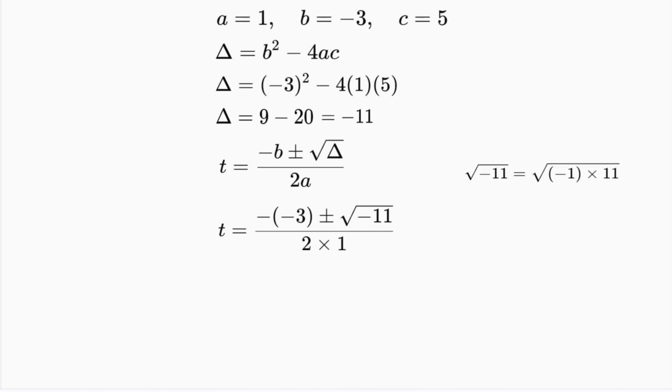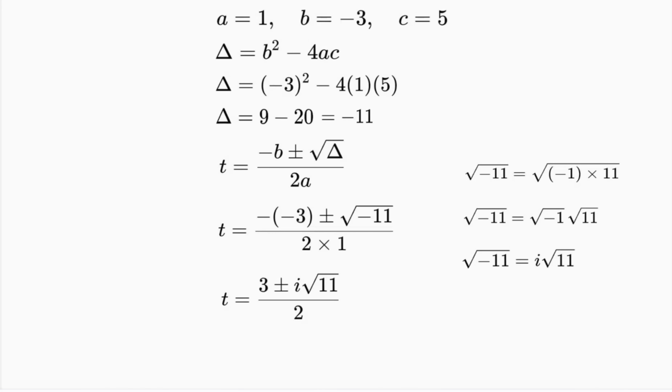This can be written as square root of minus 1 into 11, and if we break it down, we have square root of minus 1 into square root of 11. Square root of minus 1 is represented as iota, so this becomes iota square root 11. This makes two roots of t, 3 plus minus iota square root 11 divided by 2.